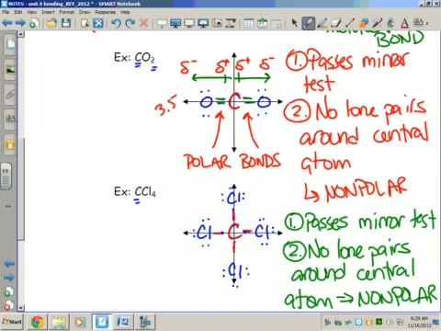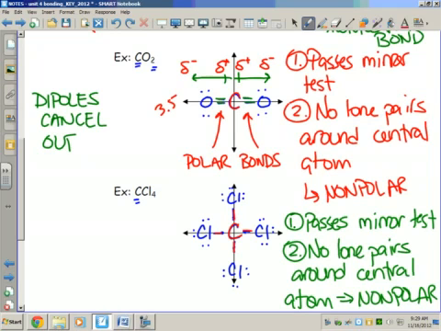We have a tug of war going in exact opposite directions, and the electrons are being pulled by exactly the same element. So you have an equal and opposite tug of war going on, which means these dipoles cancel.